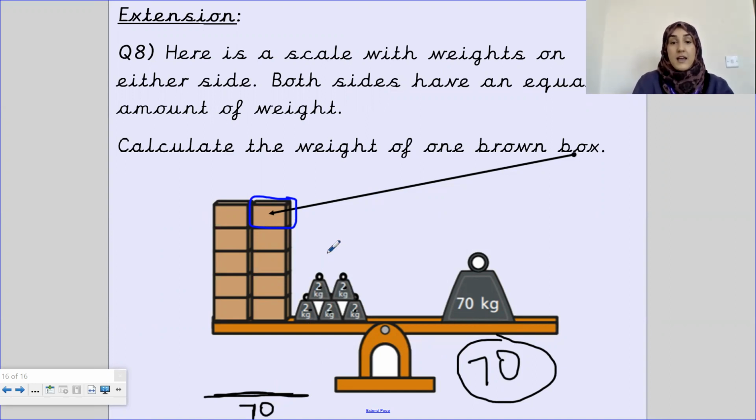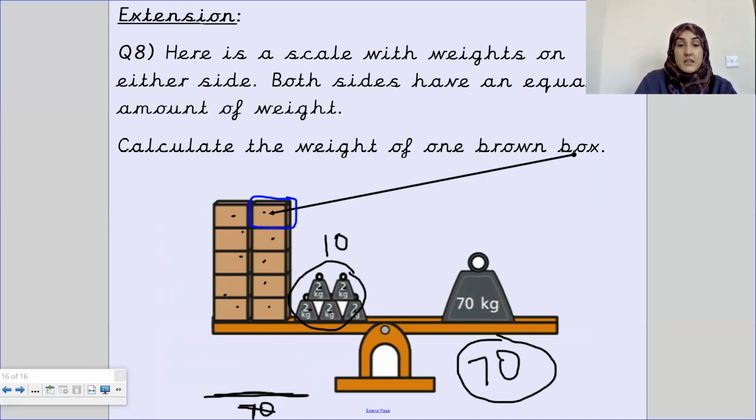We know that there is 10 here. So this makes 10 kilograms. So if this side needs to be 70 and 10 is already given to us, we need to work out how much is this weight here, and then divide that by 1, 2, 3, 4, 5, 6, 7, 8, 9, 10. So if we've got 10 kilograms here, now we don't need to find 70 because we know that's 10 kilograms worth of weight.